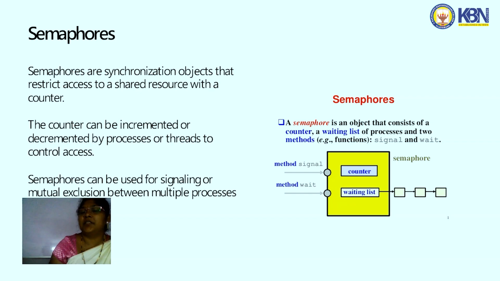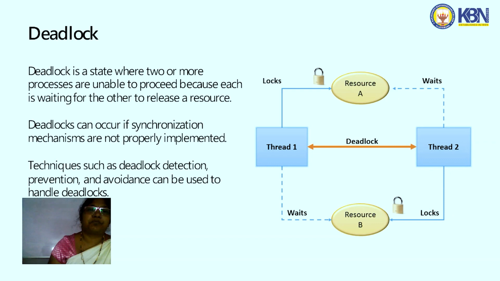After that, the process will get the chance. In semaphores we use the two keywords signal and wait. These are needed for semaphores to synchronize. Then after that, go for the next one.